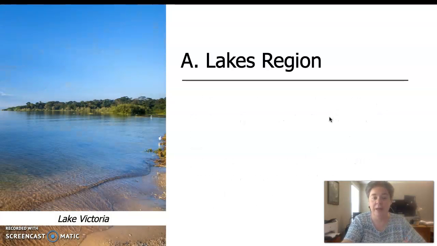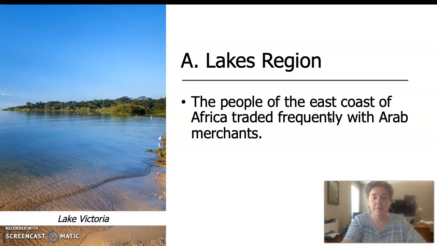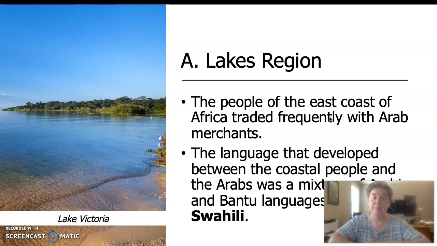All right, the people of the east coast of Africa traded frequently with Arab merchants, and because they traded with Arab merchants, they developed a language that today we call Swahili. It was a mixture of Arabic and Bantu, which is the native African language that was in the area.